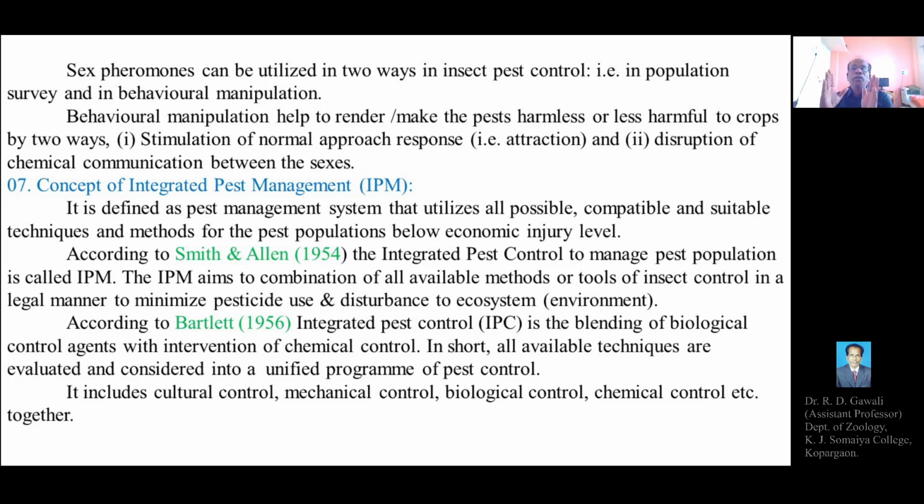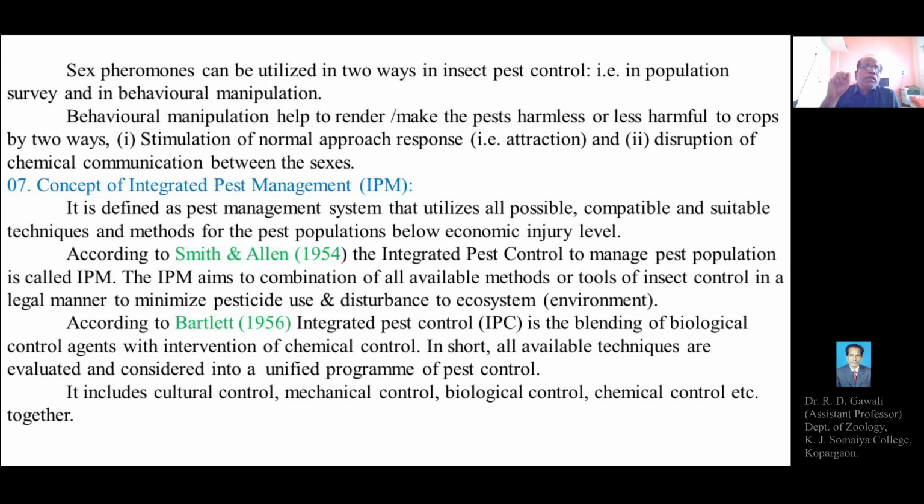So integrated pest control can be a blending of biological control and chemical control. It means at the same time we can use the two control measures, the biological control method and the chemical control method, for pest control.